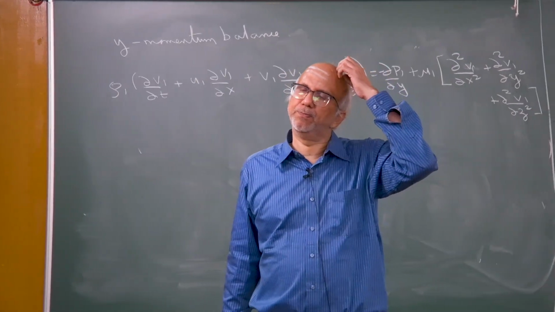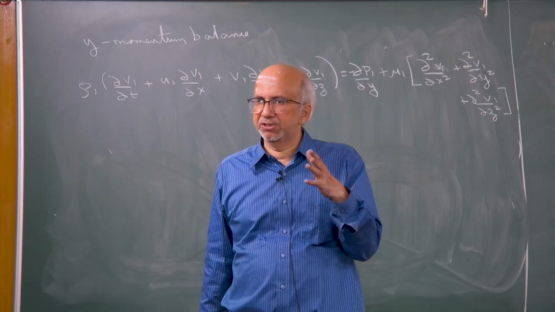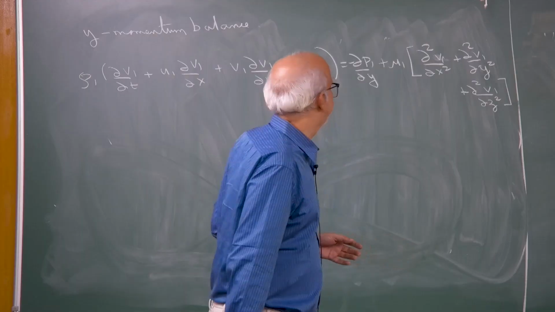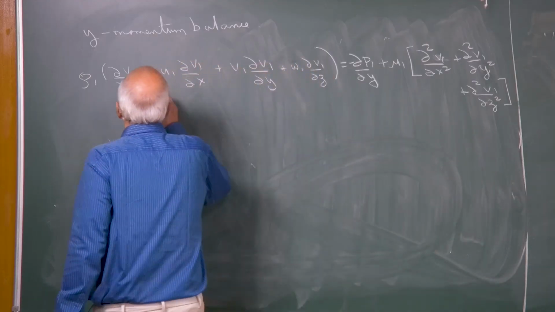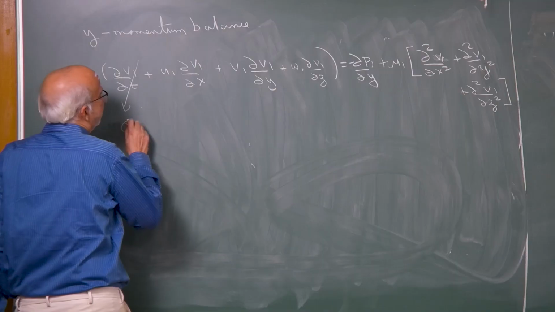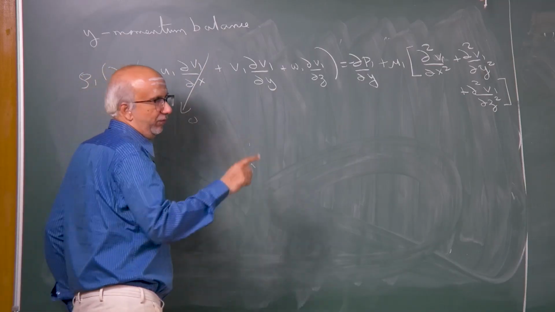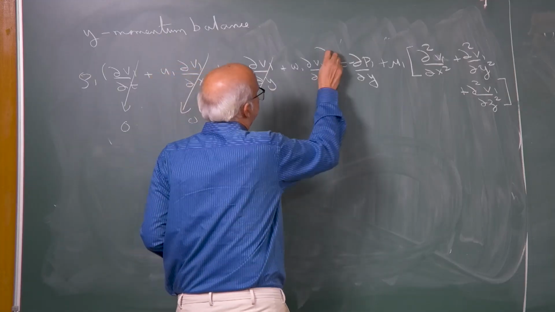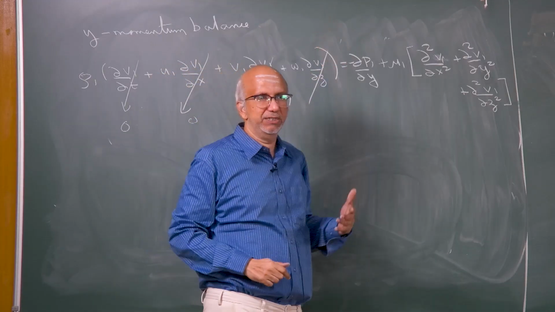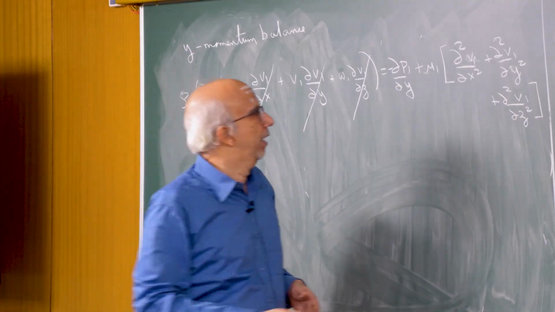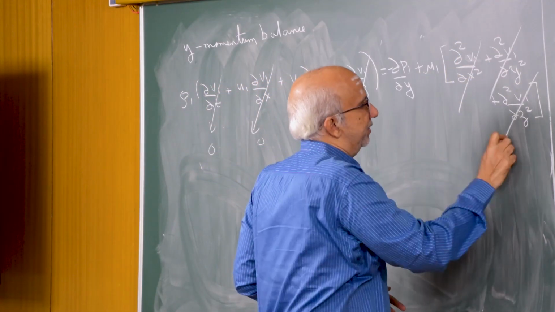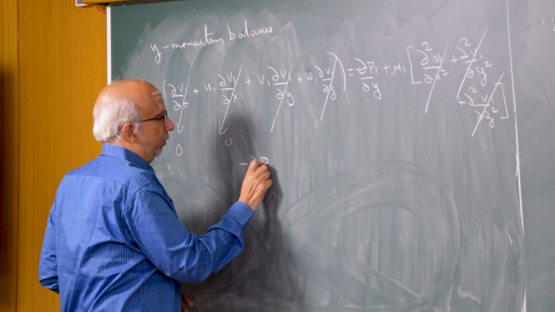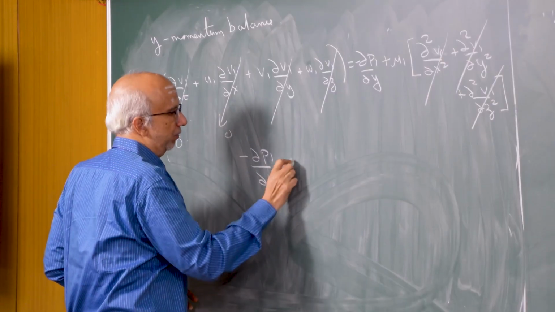Now we already established that v1 is 0. So if v1 is 0, that means what? The viscous term goes to 0 because v1 is 0, so dv1 by dx is 0, and there is no change in the z direction. Basically what this means is everything goes to 0 and we get minus dp1 by dy equals 0.